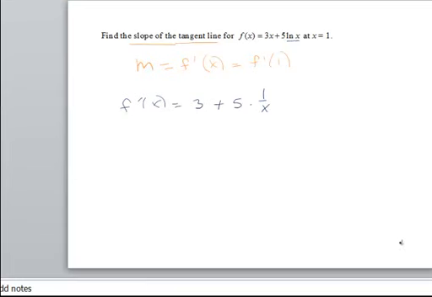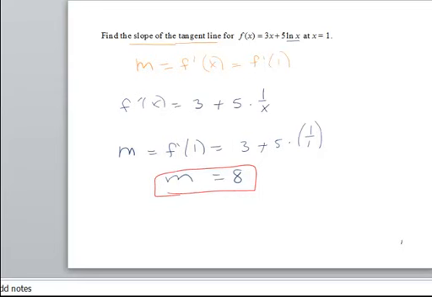We need to find the slope, so I'm going to have to evaluate this expression at 1. It's not too complicated. You can leave it as it is, or you may want to simplify it first. So slope is equal to f prime of 1, which will be 3 plus 5 times 1 over 1. So we end up with the slope is equal to 8.